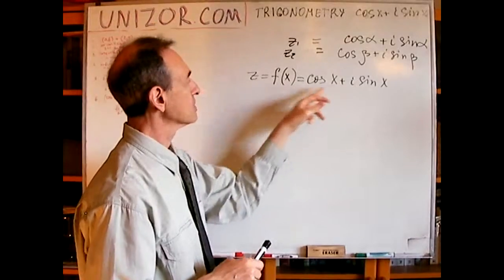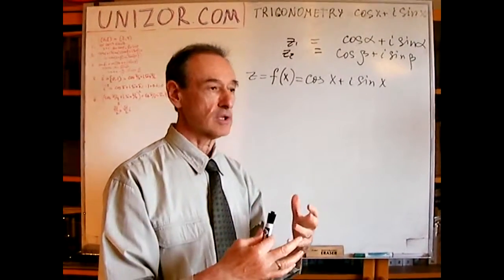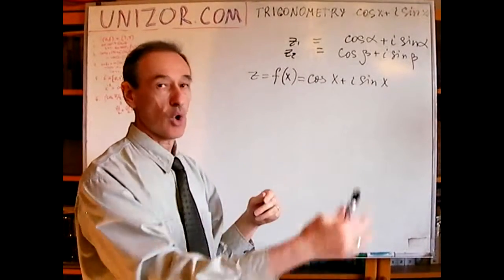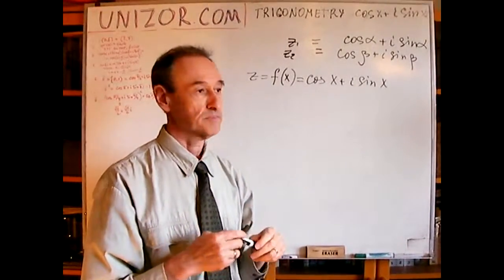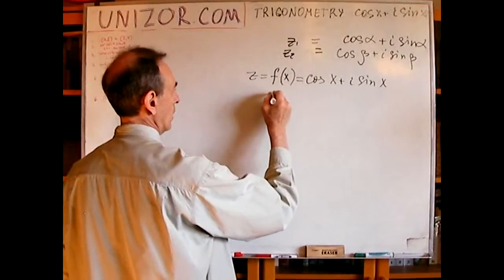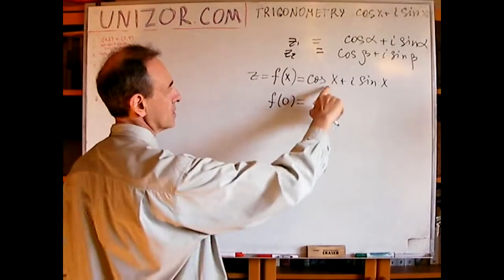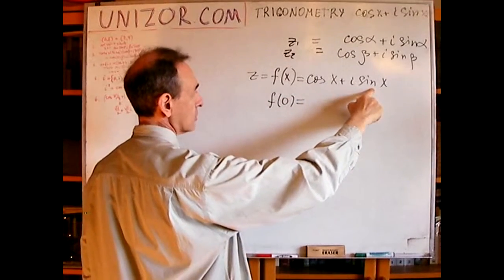And the value of this function is a complex number. So it's a function which has domain, real numbers, and codomain, complex numbers. And what's an interesting property this function has? F at 0 is equal to what? This is 0, so cosine of 0 is 1, and sine is 0, right?